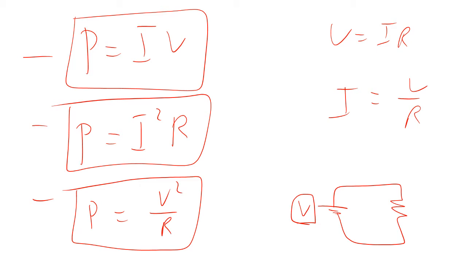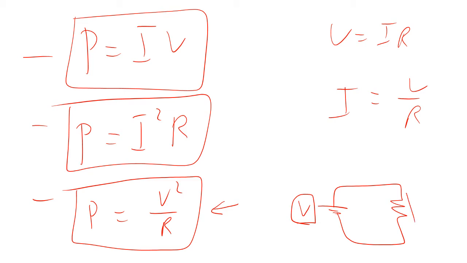Do you want something with high resistance or low resistance? So you look over here. V is constant, so to get high power, you need low resistance. That means an electric heater should be something with very low resistance, and that would give you the most electrical power dissipated.